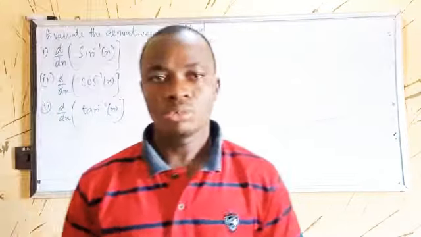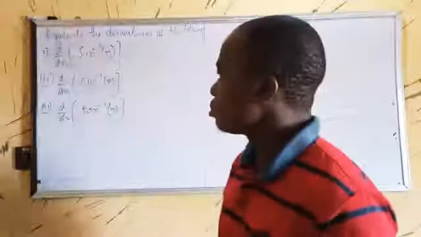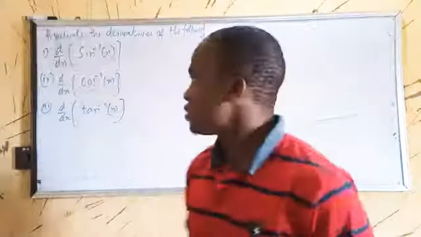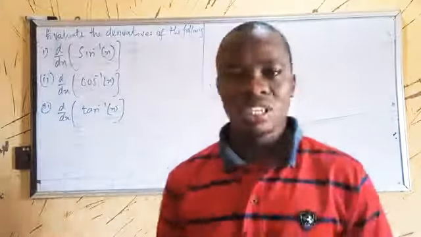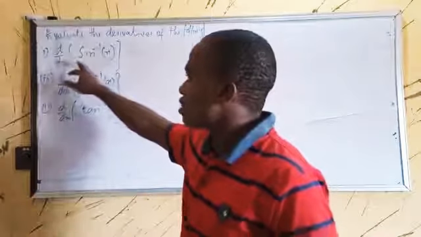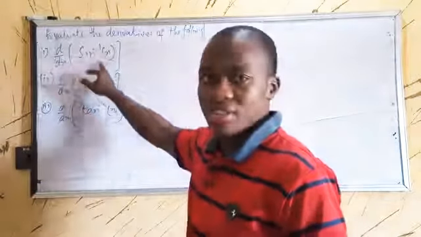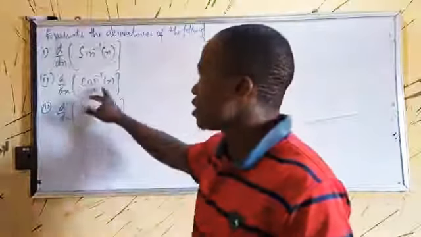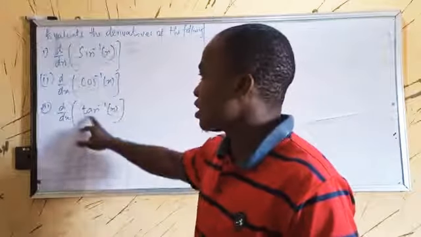So today we are going to be looking at how we can get the derivative of trig inverse functions. You can see they said we should find the derivative of sine inverse of x, then cos inverse of x, then tan inverse of x.